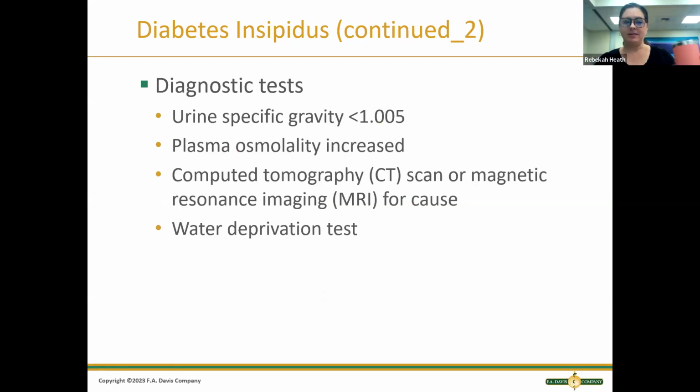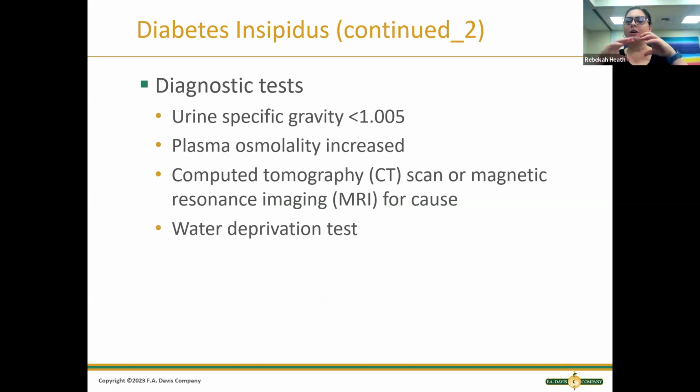So what are the diagnostic tests? Like I said, the urine's going to be so diluted, it's going to have a very low specific gravity. The urine is very diluted because we're just getting rid of all the excess fluid. But the plasma osmolality is going to be increased. Plasma osmolality, that's our blood, right?